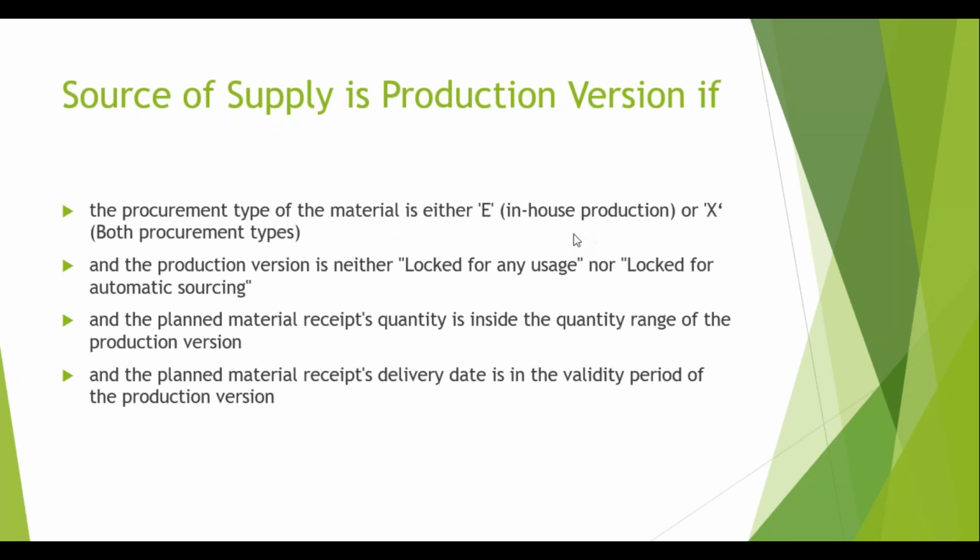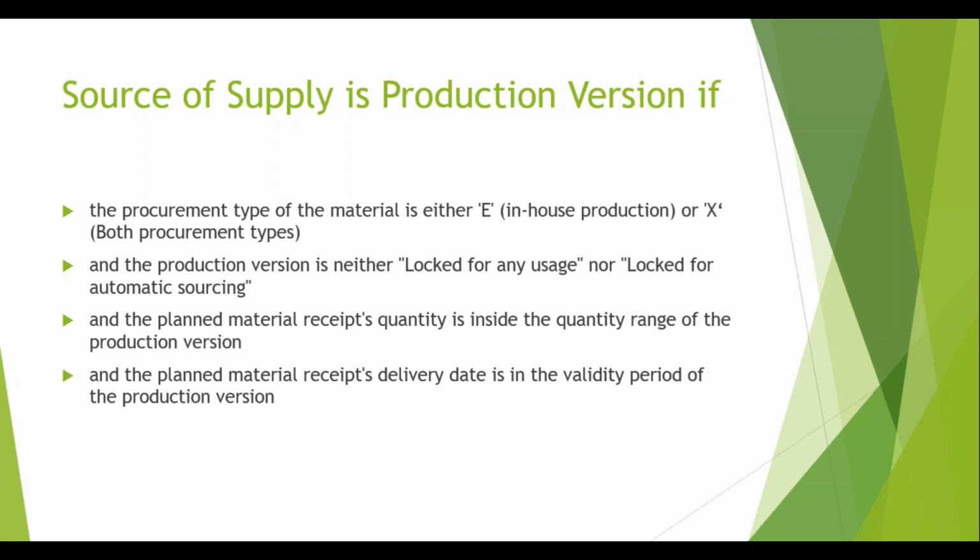If the procurement type is X, which means it can be manufactured in-house, the production version must not be locked, or locked for automatic sourcing. And the planned material receipt quantity must be inside the quantity range of the production version. So if in the production version you specified that the planned quantity is, let's say, 100 units, and you have a requirement of 500 units, then that is again a problem.